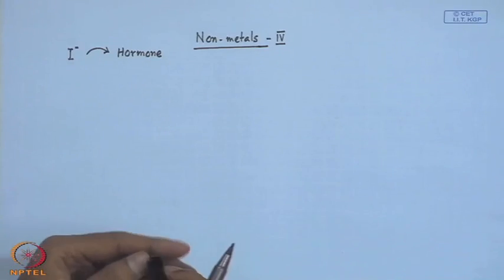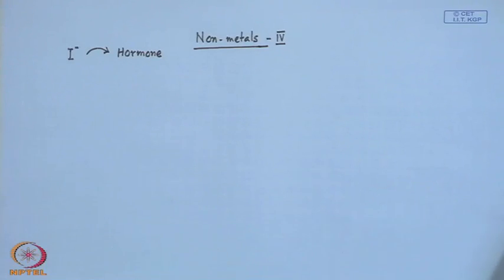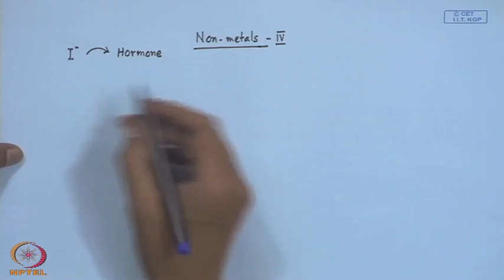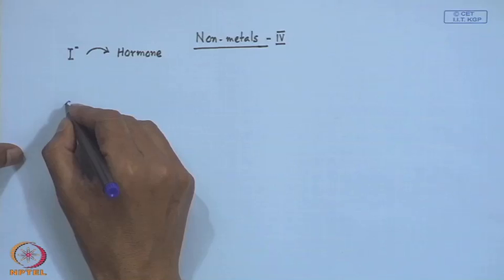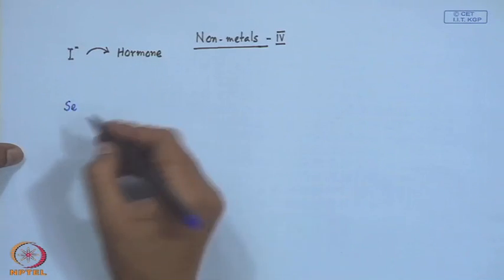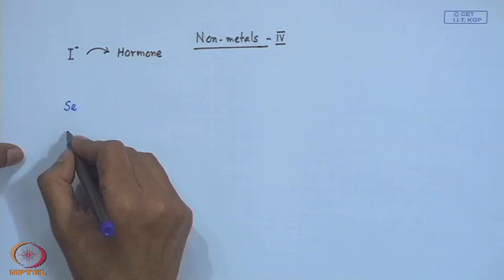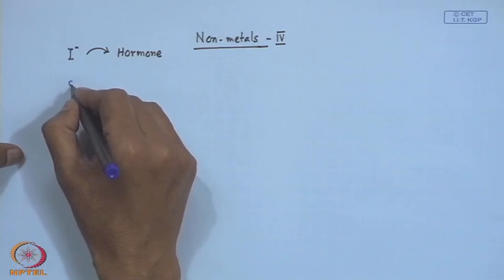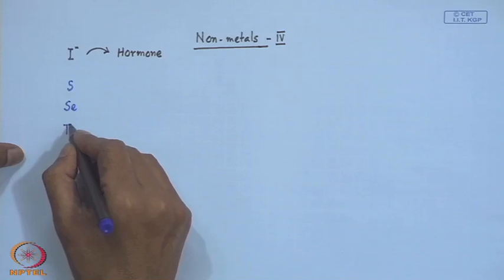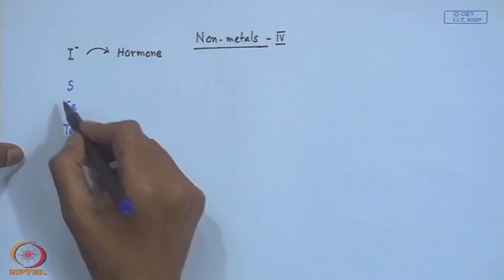So, next, after finishing this remaining part on iodine and the thyroid, we will see another interesting element, which is selenium. So, selenium, how it is different. Along the periodic table, how we can compare this with the two other members of this group.